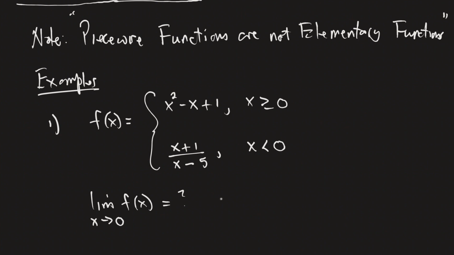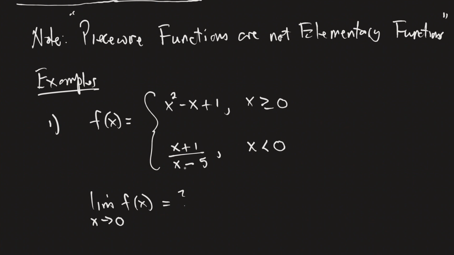The difficulty that piecewise functions possibly pose is that, especially in the case of a two-sided limit, the value of x that is being approached might be the value of x where the function switches from one form to another. In other words, whenever x is greater than 0, this parabola would be the representation of the function, as opposed to when x is less than 0, then it's this rational function.